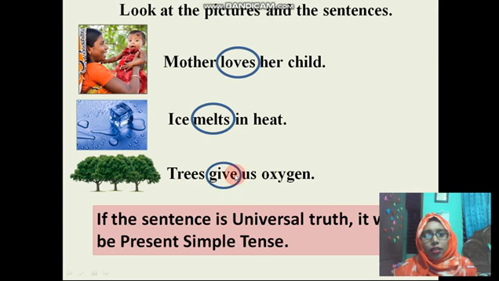So clear, guys? Keep it in your mind that if the sentence is universal truth, then it must be present simple tense, and if the subject is third person singular number, then you have to use s or es with the main verb.